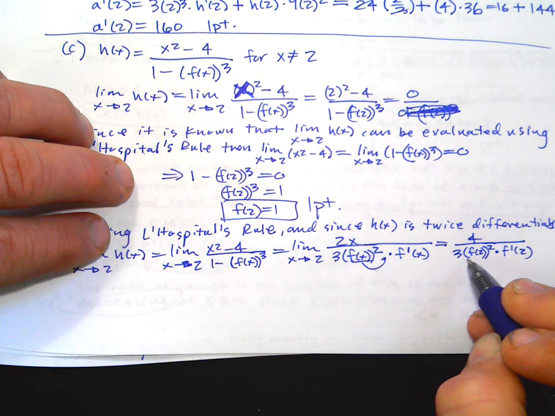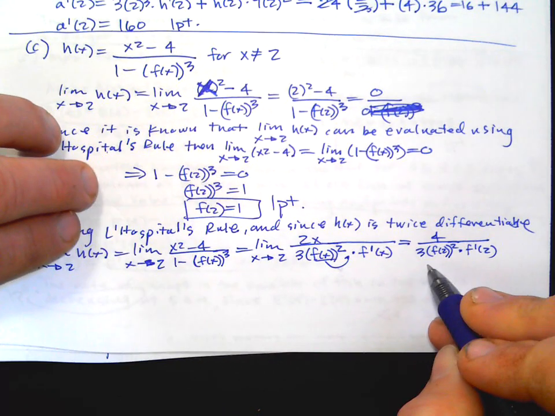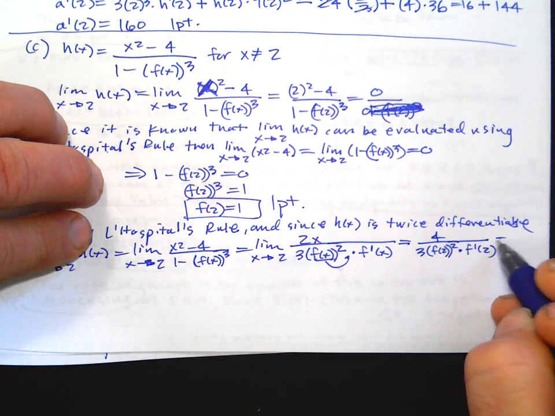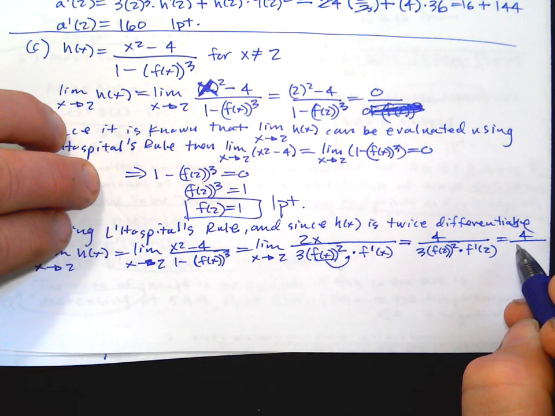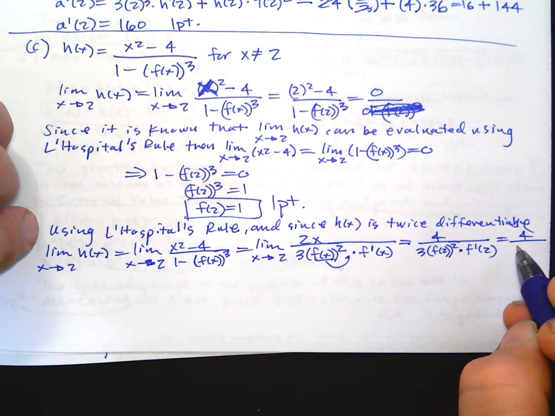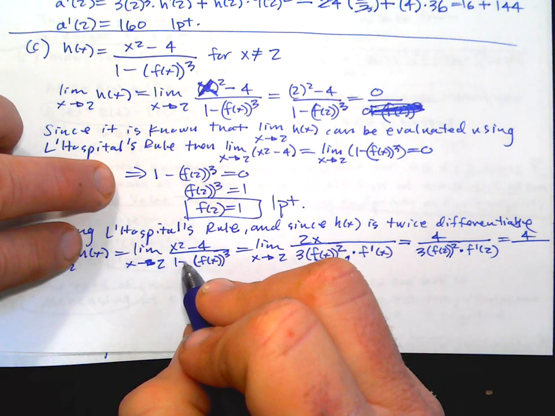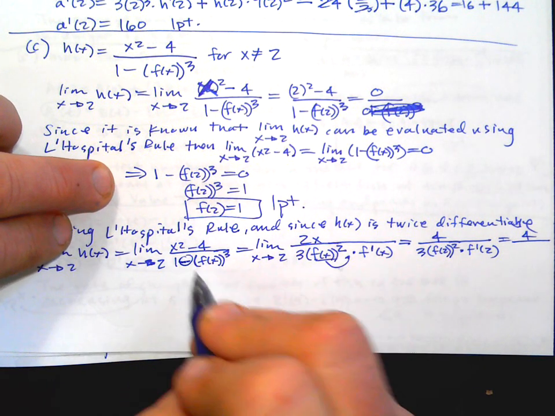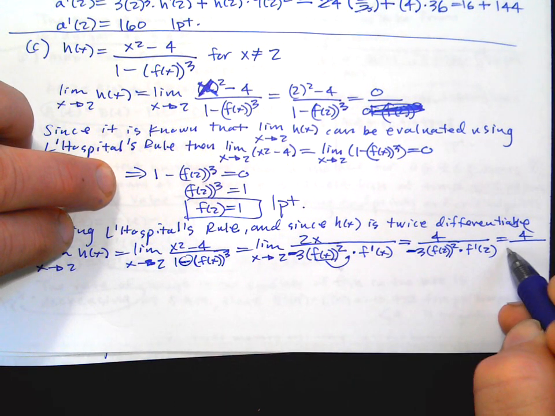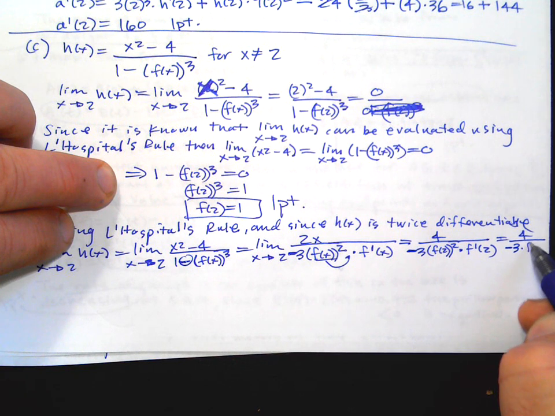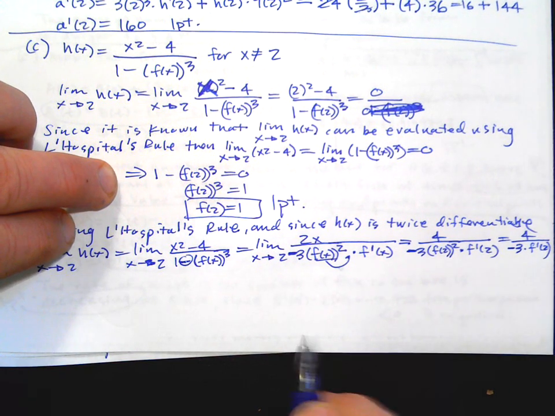Now, we just found f of 2, right? On the last problem, it was a 1. So this is going to equal 4 over, okay, so I think I missed something here, and I made this mistake earlier. So there's a negative here, and I just lost it. So this is going to be negative 3 f prime of 2, okay?